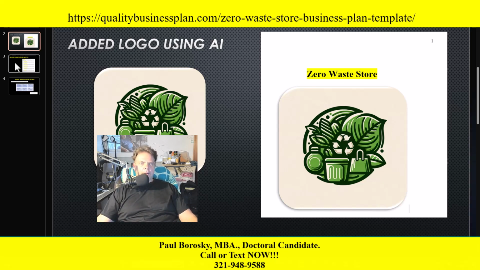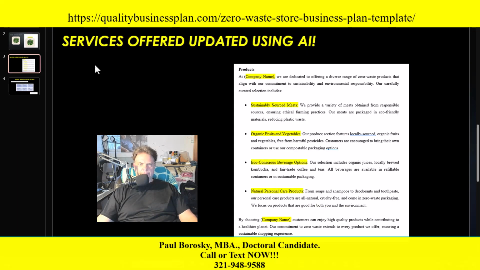The second update that I made to the template is that I expanded the service offerings. Before, I just had a bullet point that said service one, product two, product three, product four. Now I've made the template more versatile. The introduction is pretty straightforward: you're going to be servicing zero waste products.